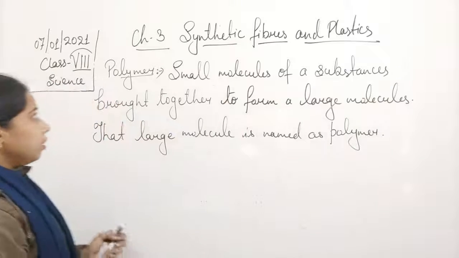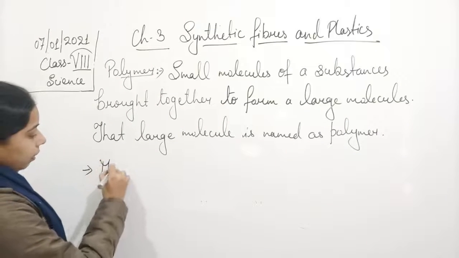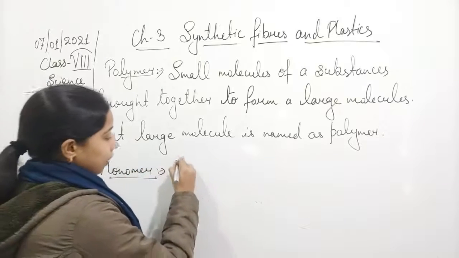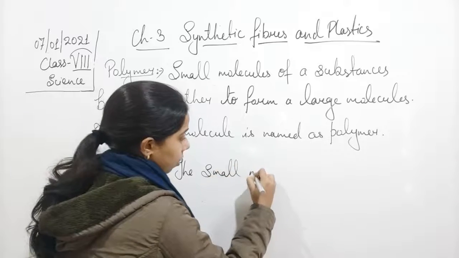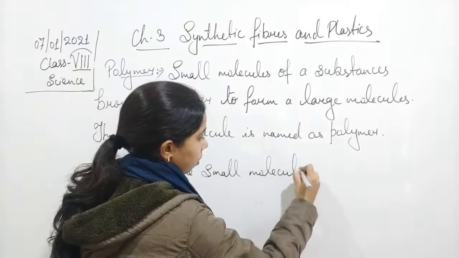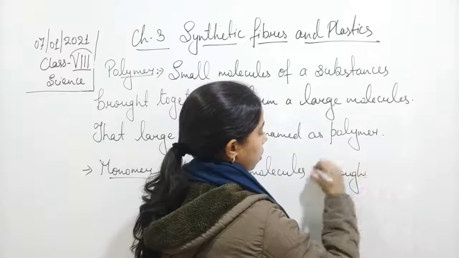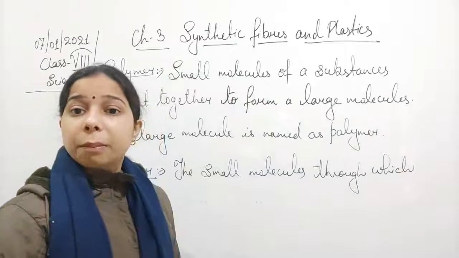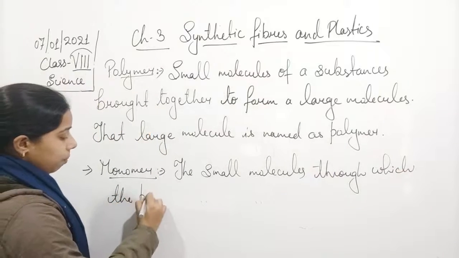Now there is another term, and that is monomer. So what is a monomer? The small molecules through which the polymer is made up.